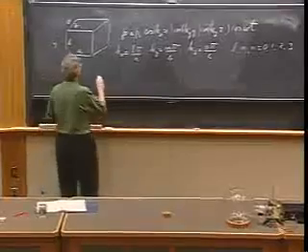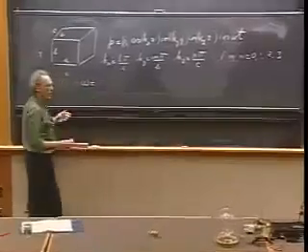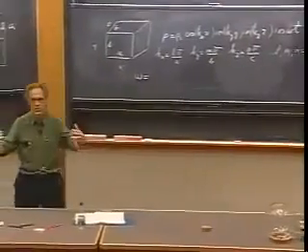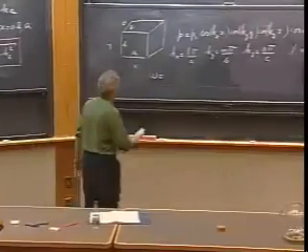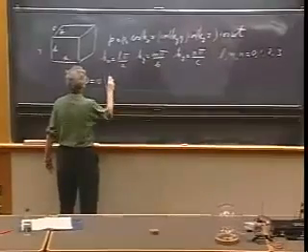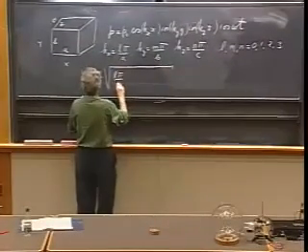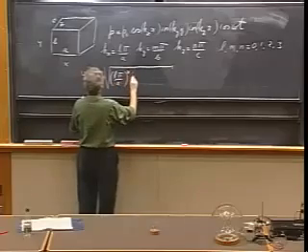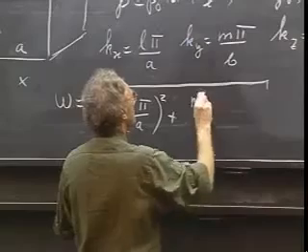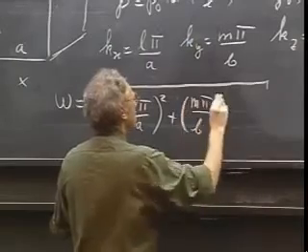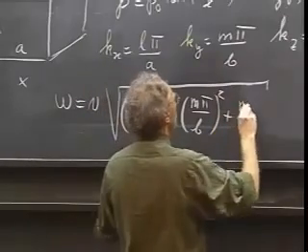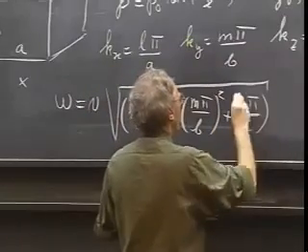So omega, which is always k times v, v is the speed of sound, so omega equals v times the square root of (L pi over a) squared plus (m pi over b) squared plus (n pi over c) squared.